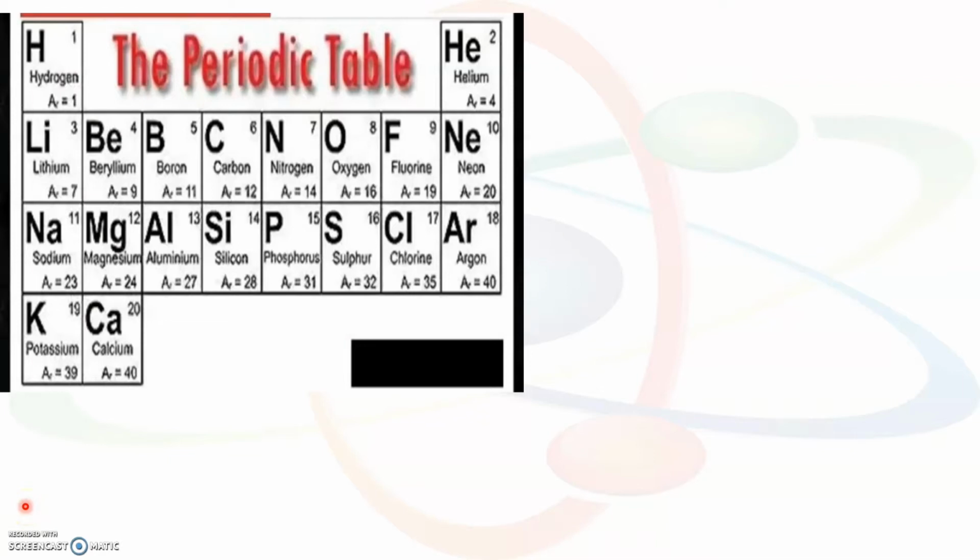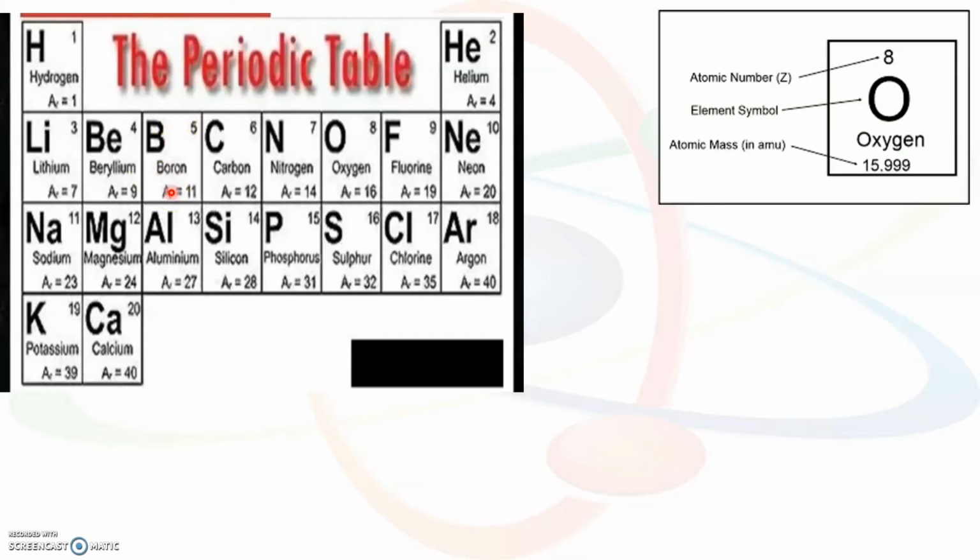In the periodic table, the elements are represented with their symbols along with the atomic number and mass number of that element. Generally, the symbol of the element is written at the center, and the atomic number of the element is written on top of the symbol.